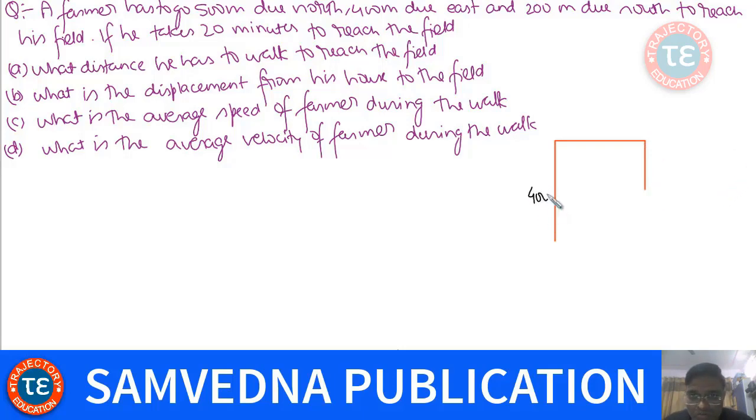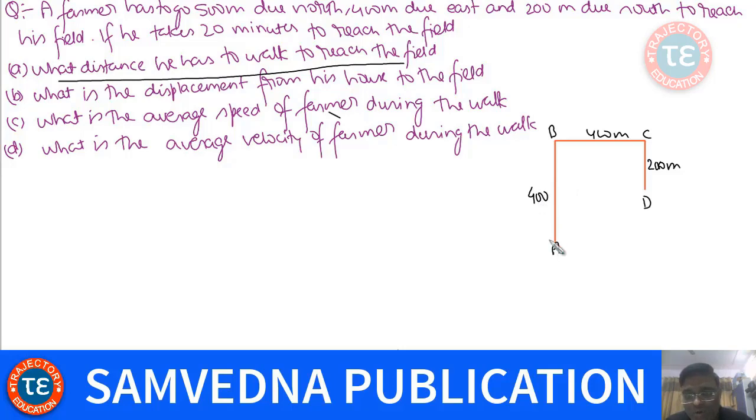Say he starts from A, goes to B, and then from B to C, and suppose B to C is 400 meter and C to D is say 200 meter, and during this whole process it takes 20 minutes. What distance does he have to walk to reach the field?